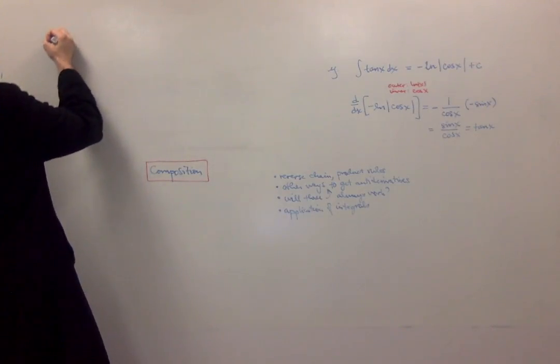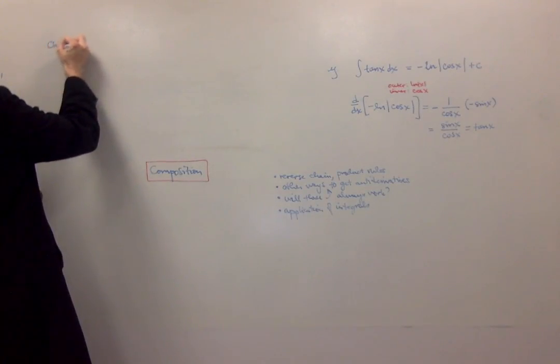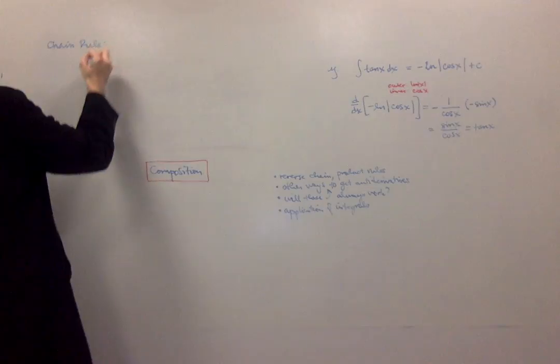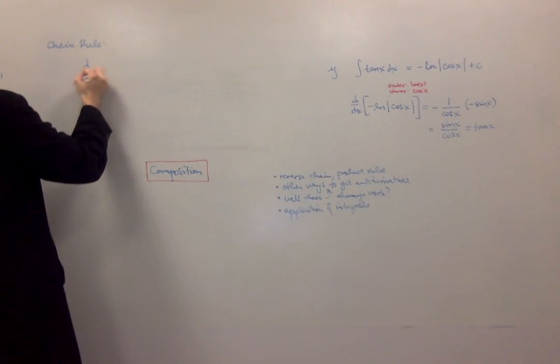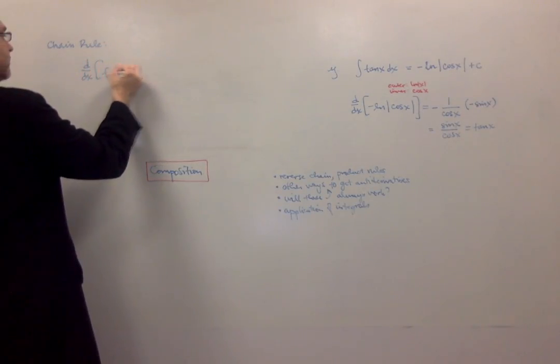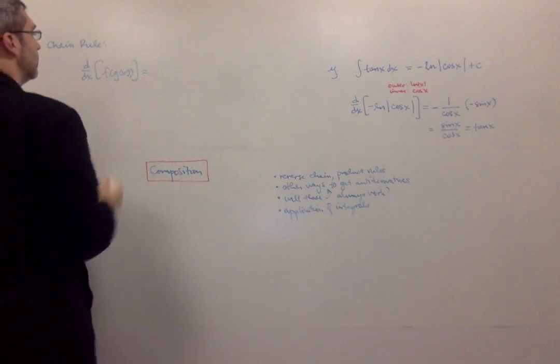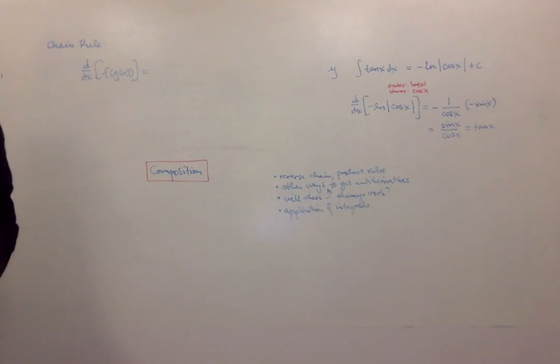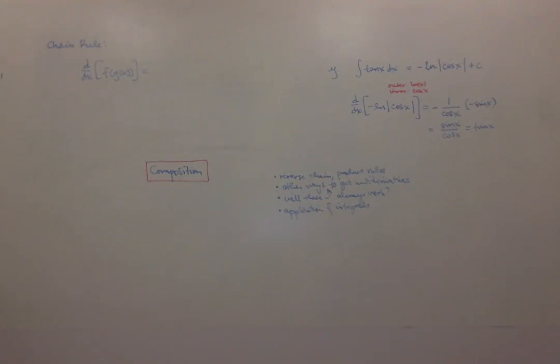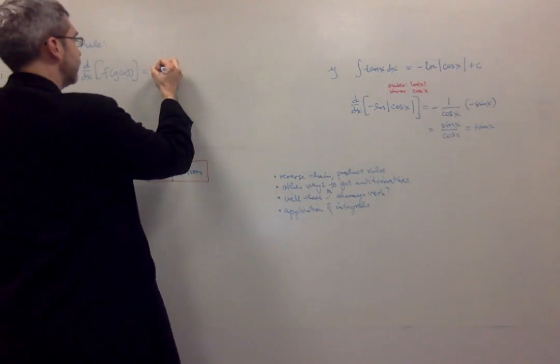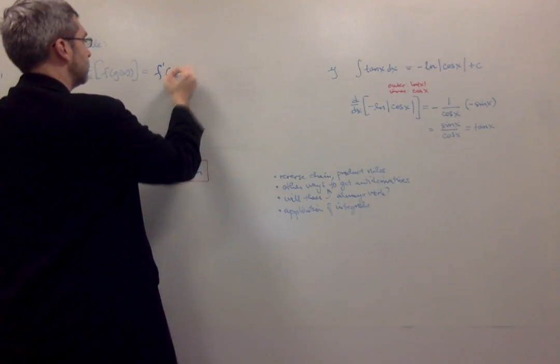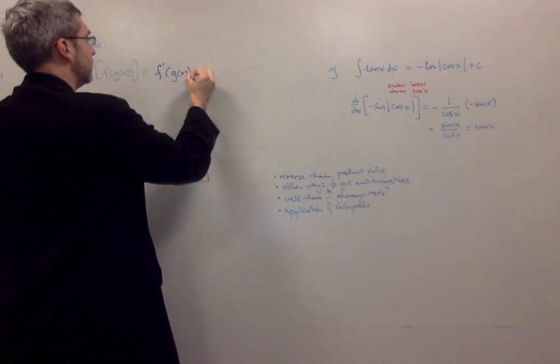All right, so the chain rule before said that if I have a composition f of g and I differentiate, what I do is I differentiate the outer, plug in the inner, times the derivative of the inner.